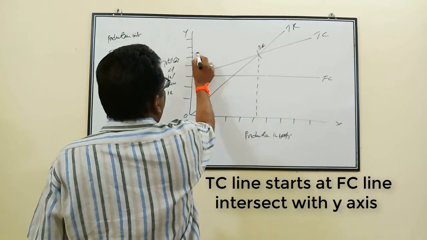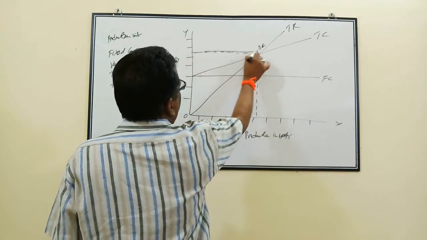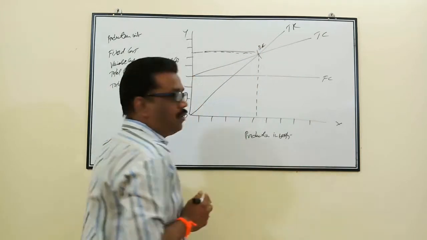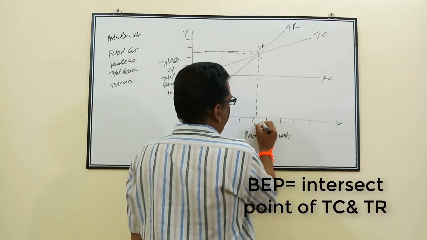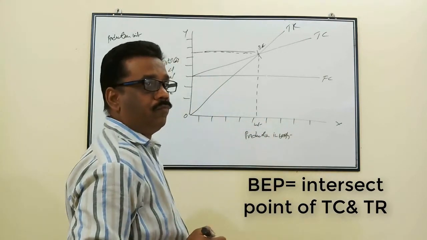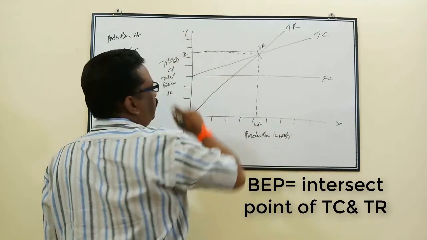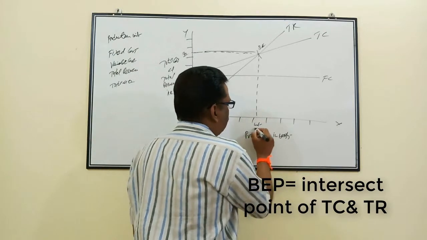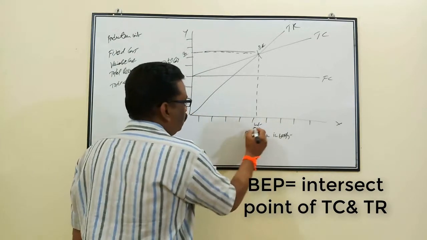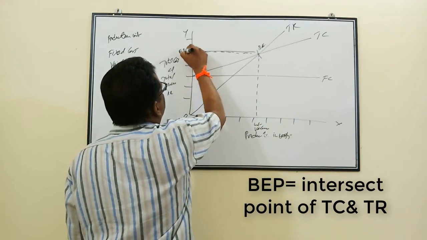If you draw lines parallel to the x-axis and y-axis, one represents on the x-axis the number of units at break-even, and the other the break-even in rupees. The break-even units are known as break-even volume, and the break-even rupees as break-even sales.